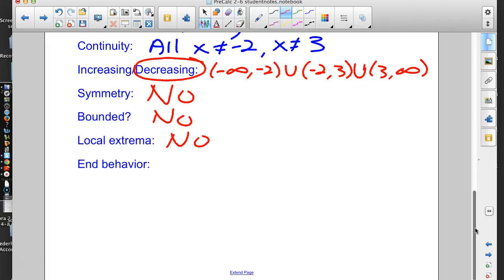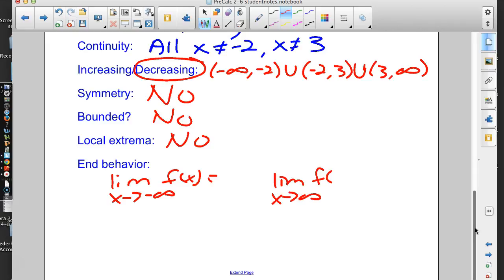So now the end behavior, the overall end behavior, that's back to our limit as x approaches negative infinity. Our graph is doing this. And our limit as x approaches positive infinity, our graph is doing this. So you have to grab a part of the graph that would go to the left forever and ask yourself, where is this going in terms of y?